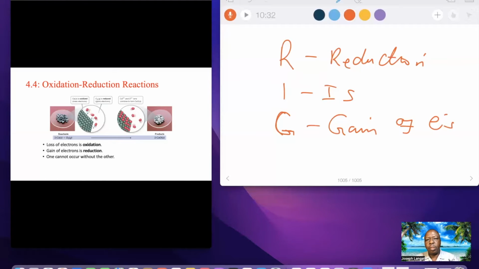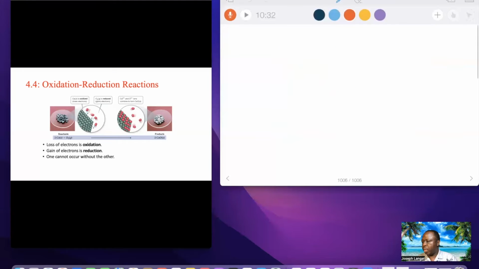Now, it's important to note that these two types of reaction do not take place individually, but they occur simultaneously. One species is losing an electron, the other one is gaining an electron. For example, in the formation of sodium chloride, an electron is transferred from sodium to chlorine.